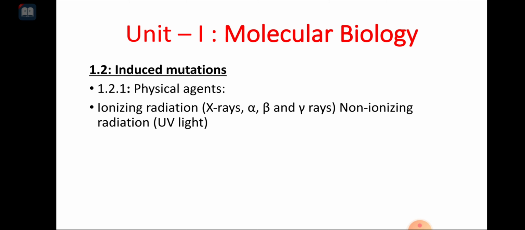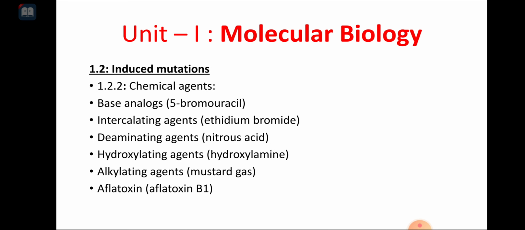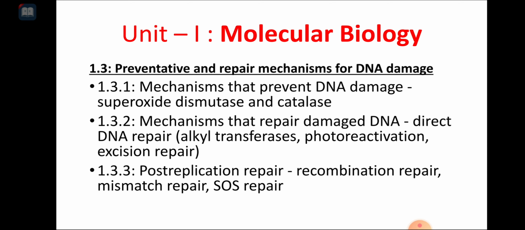These are all physical agents which can induce a mutation in an organism. Next topic, you are going to study different chemical agents, like base analogues, intercalating agents, deaminating agents, hydroxylating agents, alkylating agents, and aflatoxins.